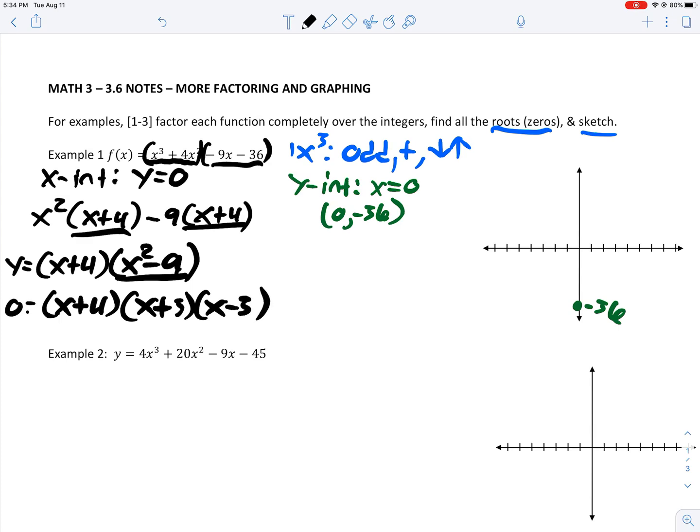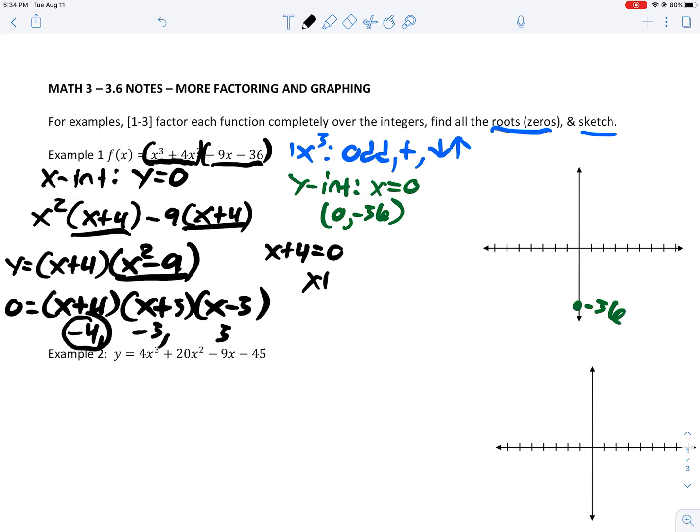So now when I set equal to 0, I can actually figure out my x-intercepts, my roots, my zeros. So this would give me negative 4, negative 3, and positive 3. If I set x plus 4 equal to 0, I get negative 4.